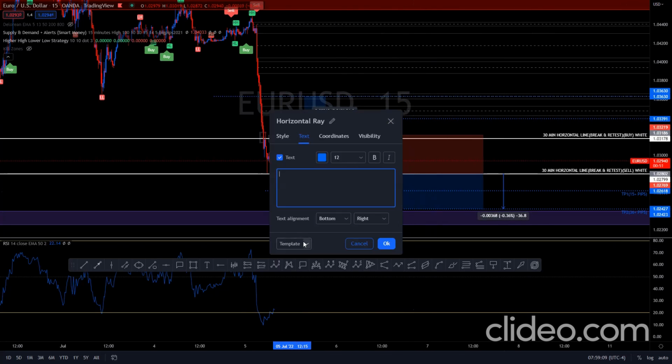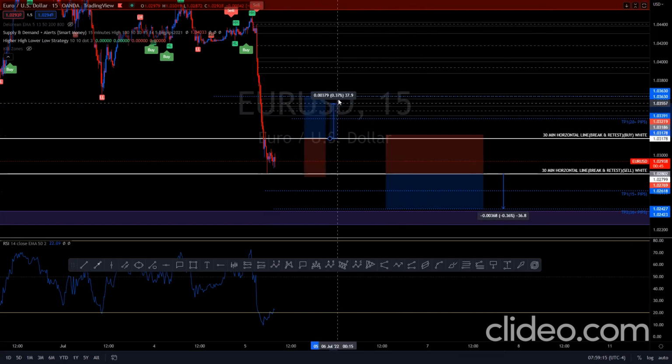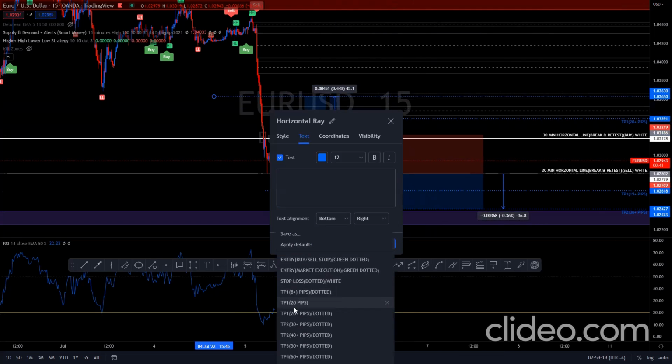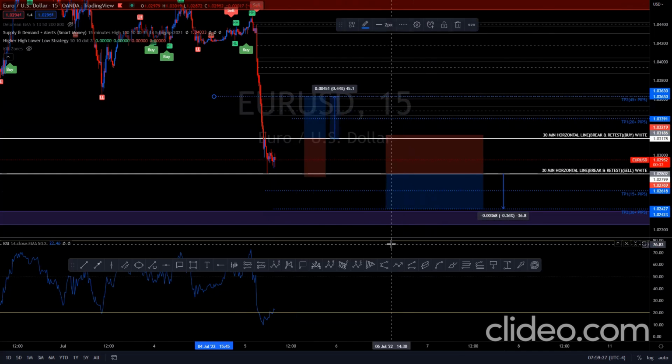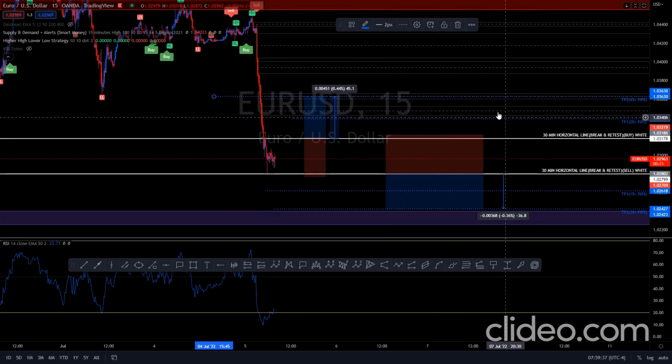And then this one up here is going to be 20 plus pips. 45 plus pips. And so now I labeled that.